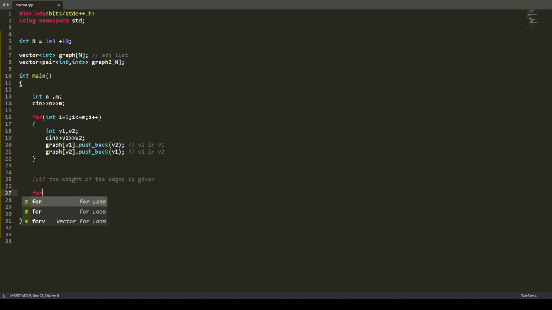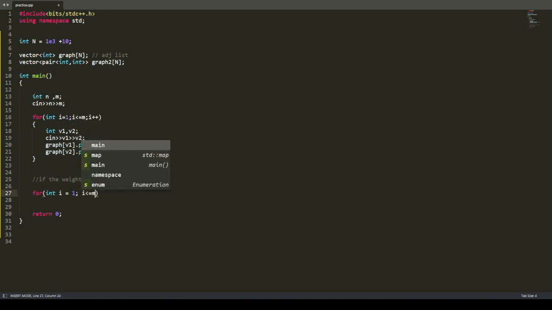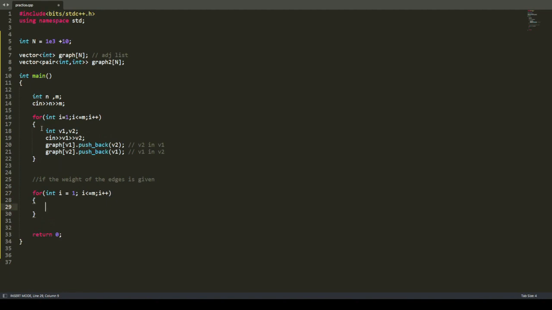For that, again we run a loop for int i equal to 1, i less than equal to m, i plus plus. Simple. Now for that we have to take three inputs: v1 and v2, similar to above, and along with that the weight of the edge.